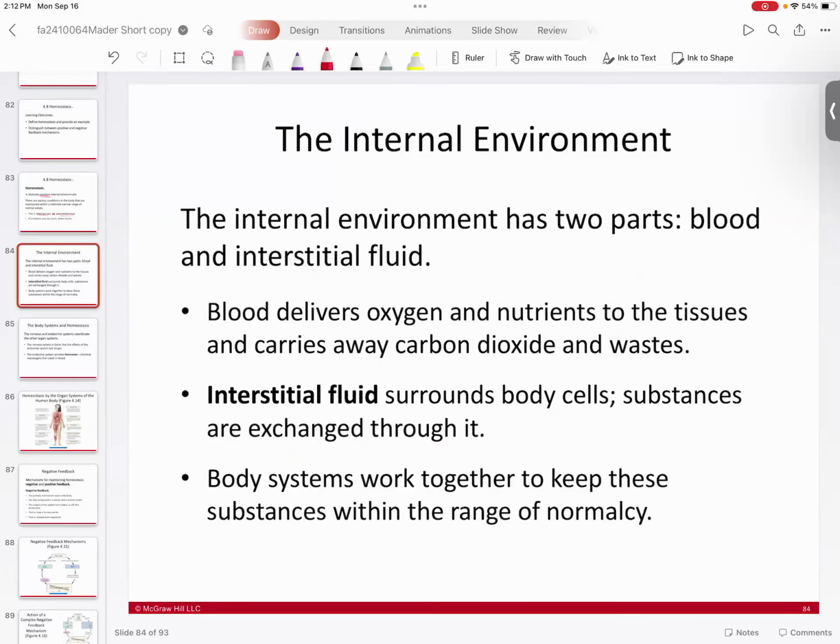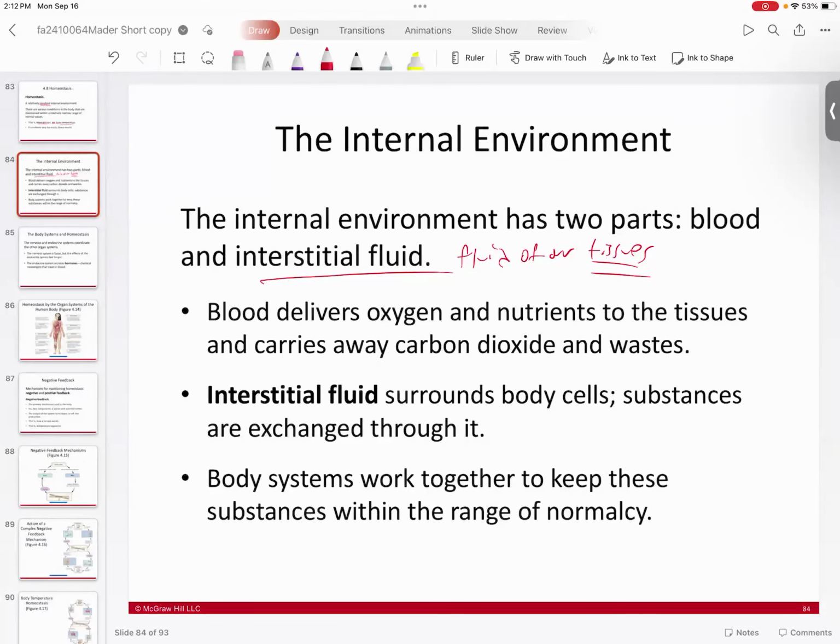When we take a look at our internal environment, our blood, and especially our interstitial fluid, which is basically the fluid of our tissues, what we have is a balance between the movement of things. We're going to see this in chapter 5, when we look at the cardiovascular system.